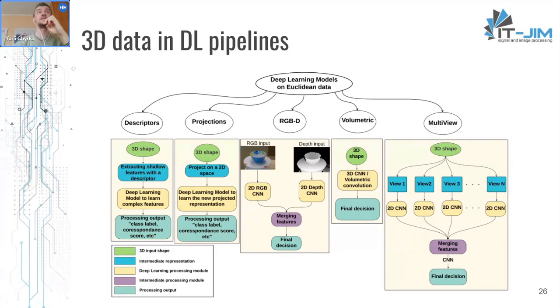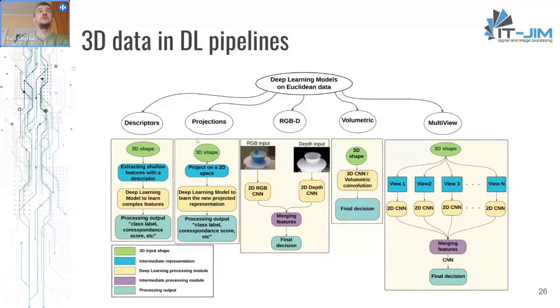And after that, we do our final work. We either predict a class label or calculate some correspondence or make some semantic segmentation and so on. So basically, the process here is pretty similar to a standard machine learning pipeline.